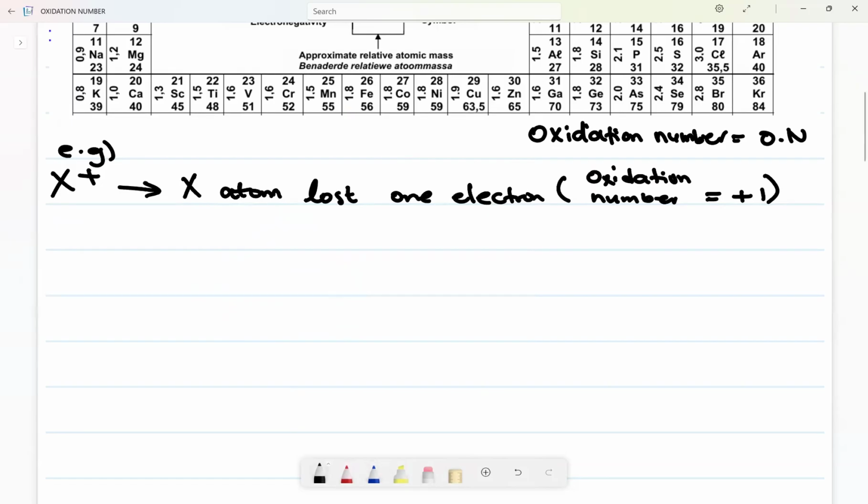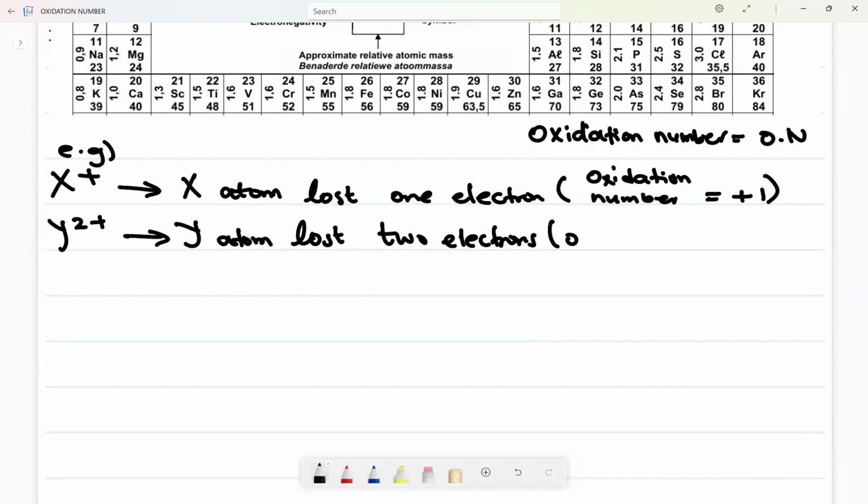And if you are having Y2+, maybe it means now the Y atom lost 2 electrons, and then its oxidation number is going to be what? Remember, for mathematics, +2. And then let's consider Q minus.